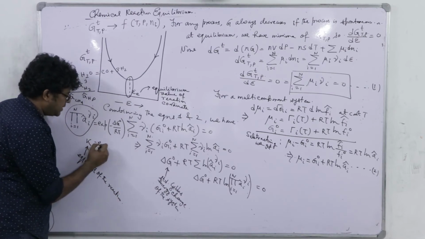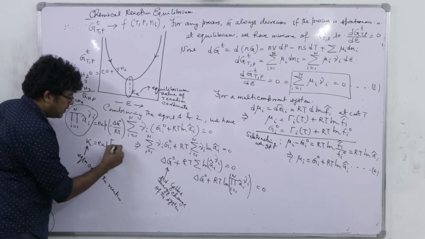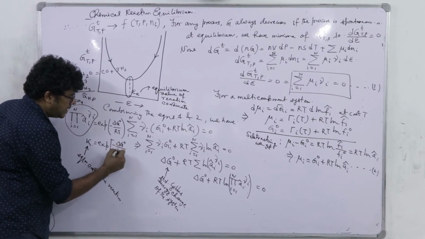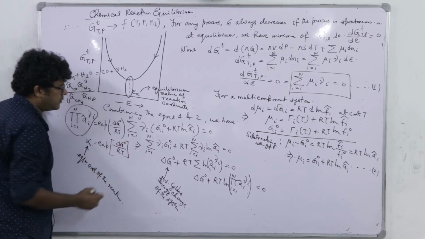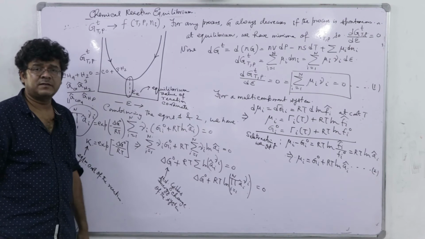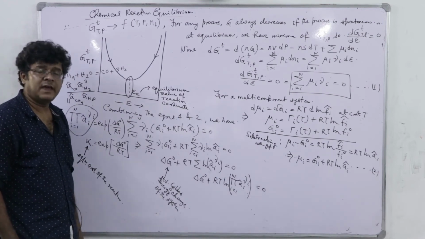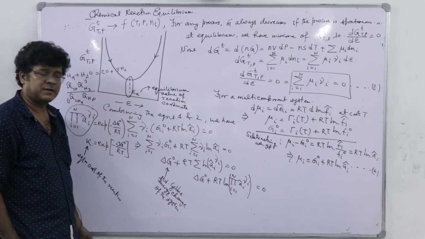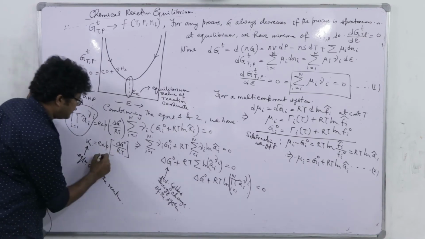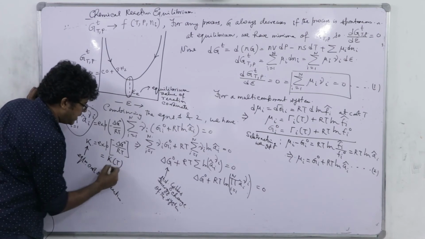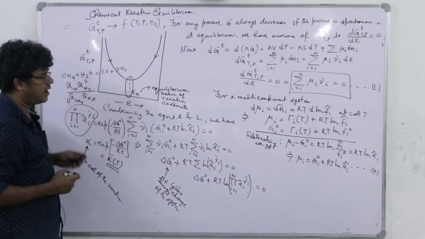Now what we note is that this is exponential of minus delta G naught by RT. The standard state properties we have discussed previously are functions of temperature. So the change of standard state Gibbs energy must be a function of temperature, and here we have T. So the equilibrium constant of a reaction is only a function of temperature.